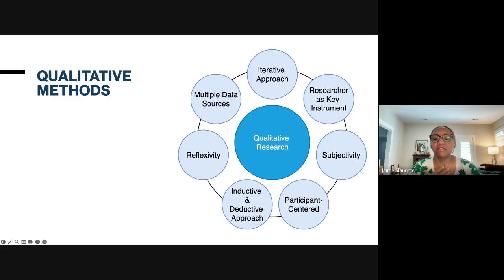Another reason it's great to use when you are trying to center often excluded voices from research is that it prioritizes participants' perspective. Qualitative methods are very useful in the development of new theories, and then again, just that data richness.